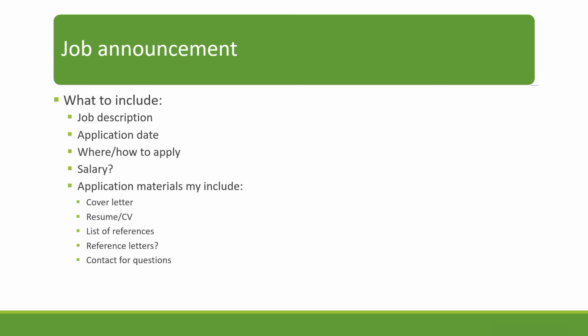Usually you have references. Some actually want reference letters, and personally, I don't like that as someone who has to write the reference letters. Usually people might ask for reference letters in round 2 of the application process. And another thing that people often forget is you should have a contact person if someone has questions.